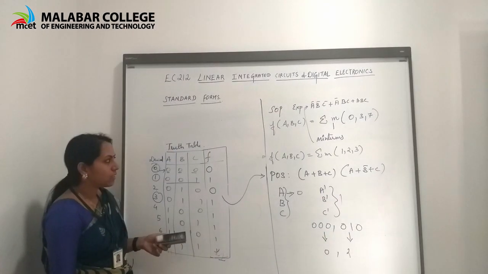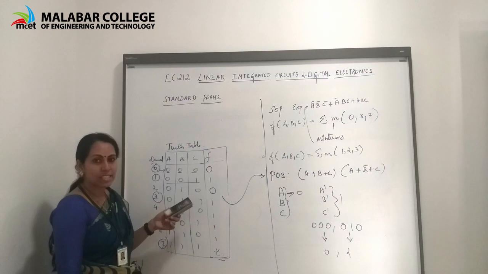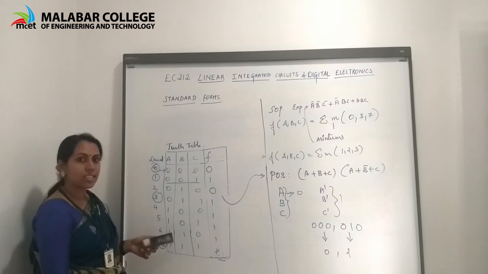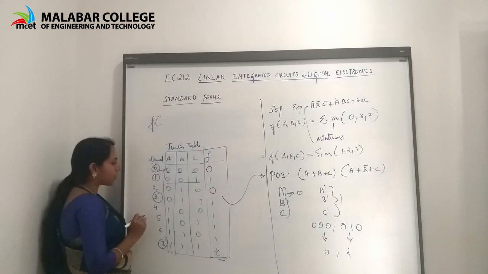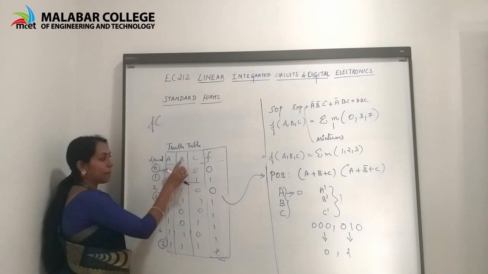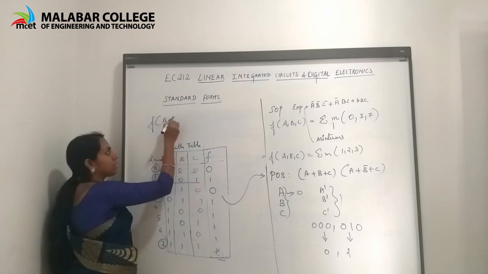So like we have written SOP in terms of its minterms, we will write POS in terms of its function. How many variables have we used? A, B and C. In the expression we have used only A, B and C, the function of the variables.